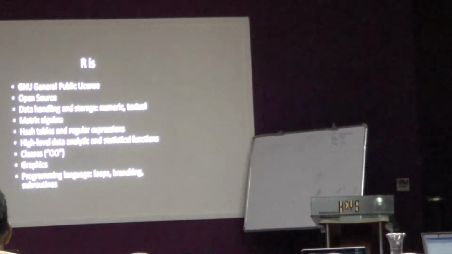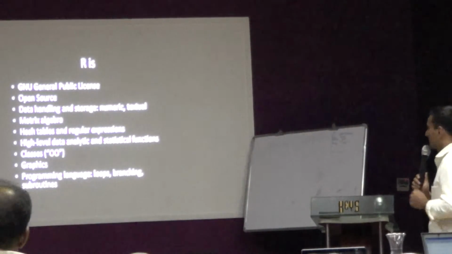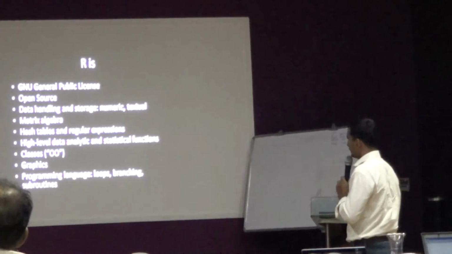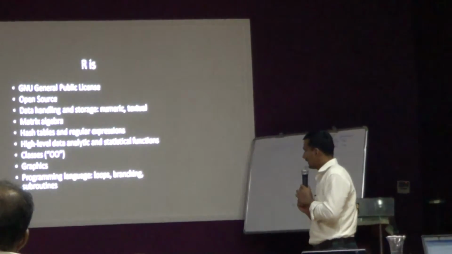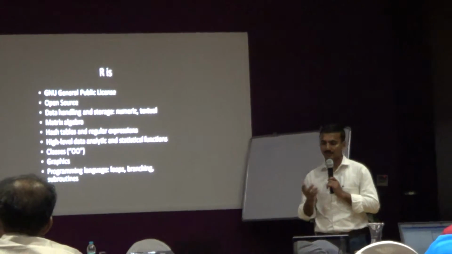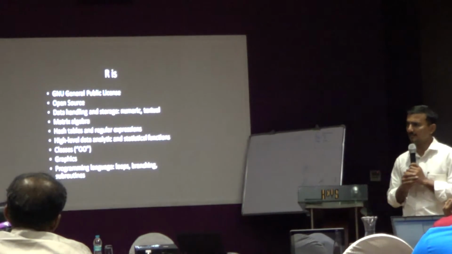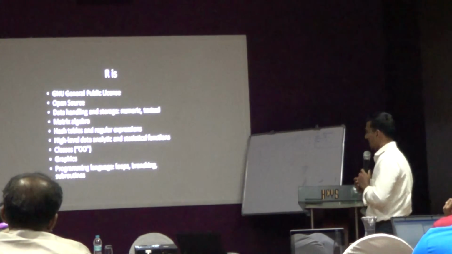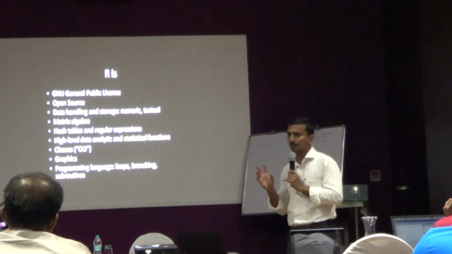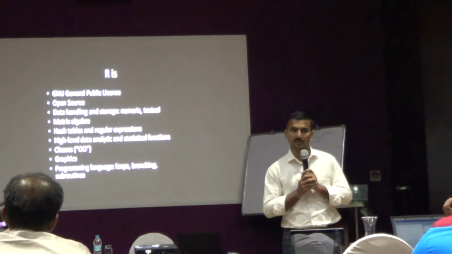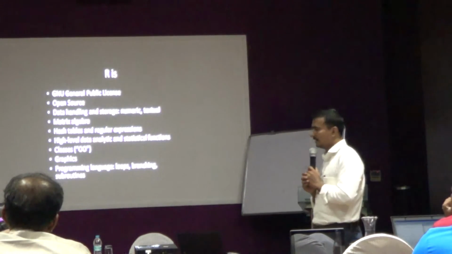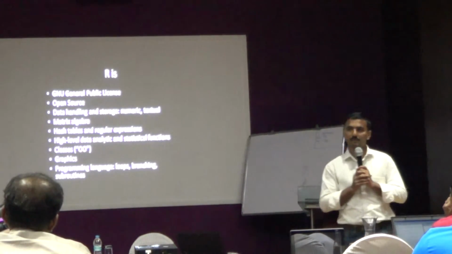For language processing, there is an exhaustive regular expression library, and it has a high level analytical language for statistical analysis, and it has built-in functions for statistical analysis, and it is based on object-oriented concepts.